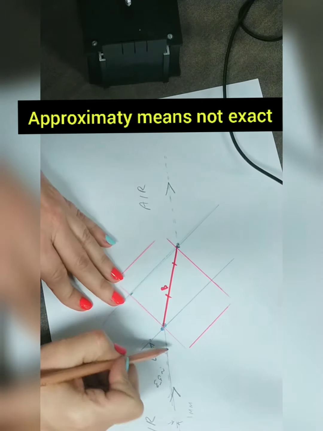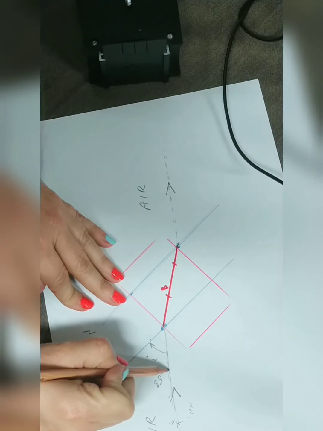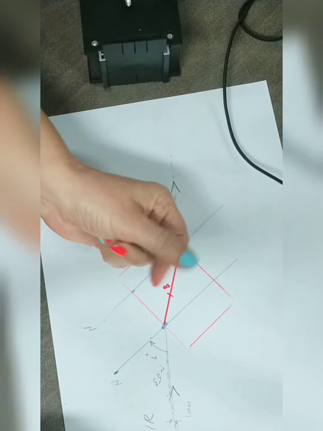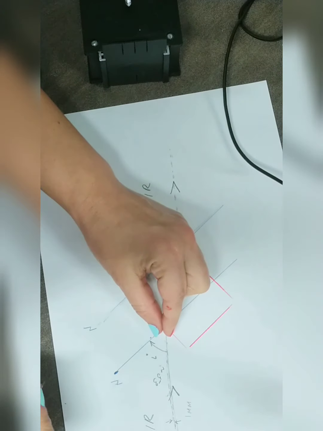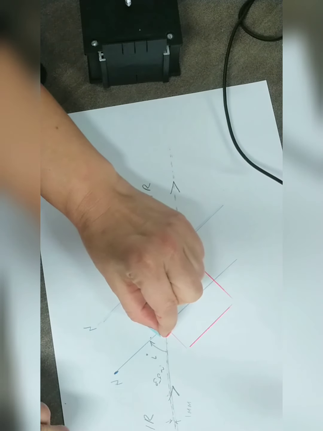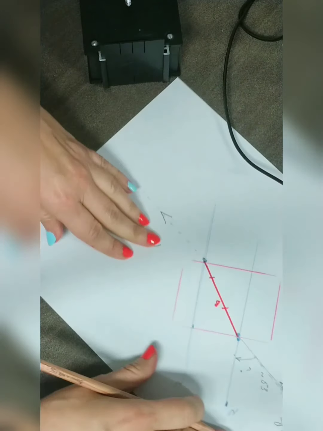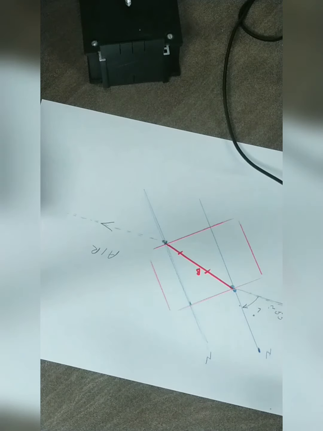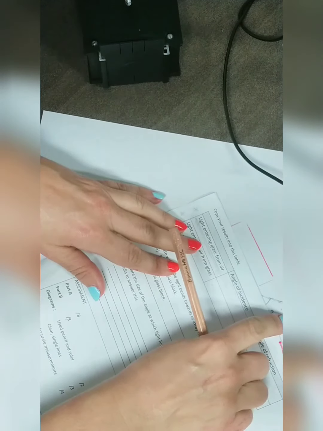Because I've marked the light with quite a thick line, so this 1 millimeter thickness of the line contributes to the inaccuracy. So I'm going to transcribe 53.